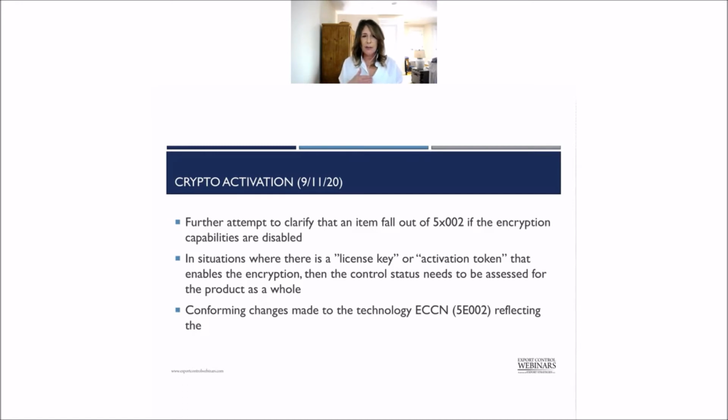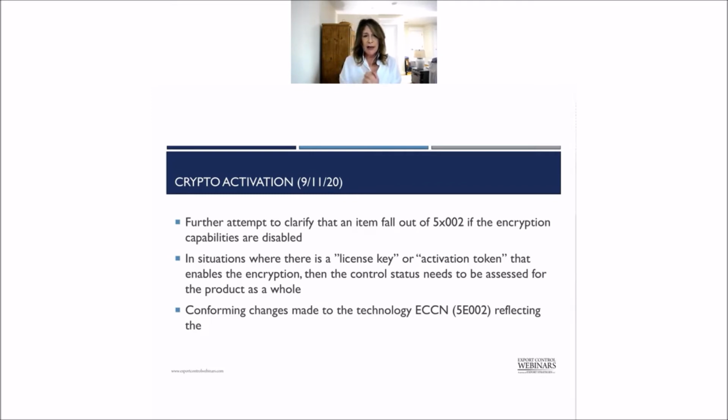Maybe you can ship it to customers because they want the functionality except the cryptography. So if you can deactivate it, then you're able to say that your product is not caught in Category 5 Part 2, and then you don't need to be concerned with license exceptions or figuring out if you have a licensing requirement.